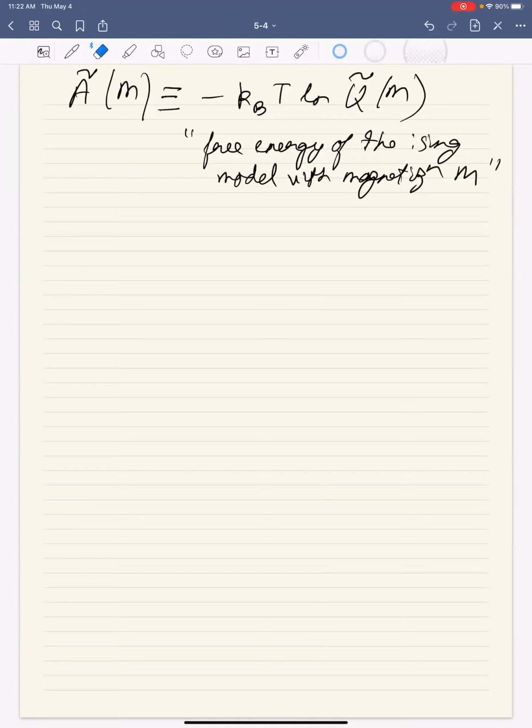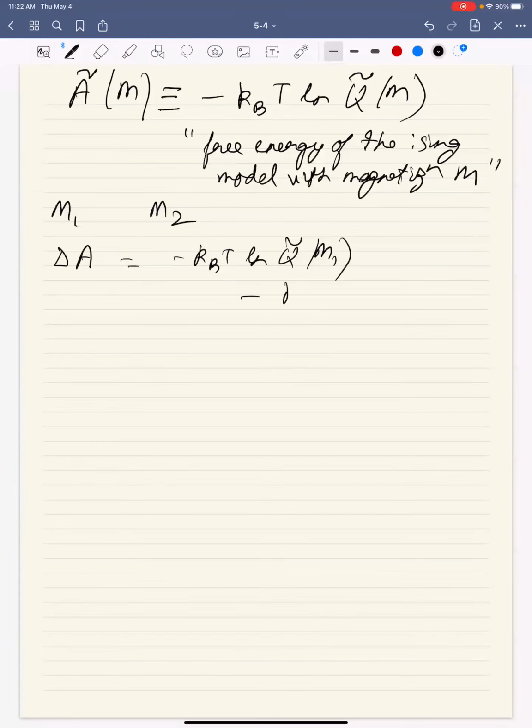So if I ask you, what is the relative free energy of the Ising model in 2 different magnetizations? One magnetization is M1, the other magnetization is M2. You can calculate the free energy difference between both of them by looking at minus kBT ln Q tilde of M1 plus kBT ln Q tilde of M2.